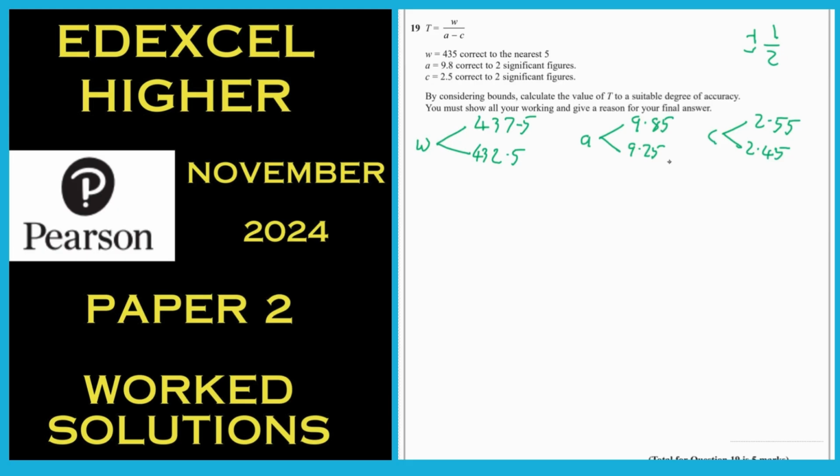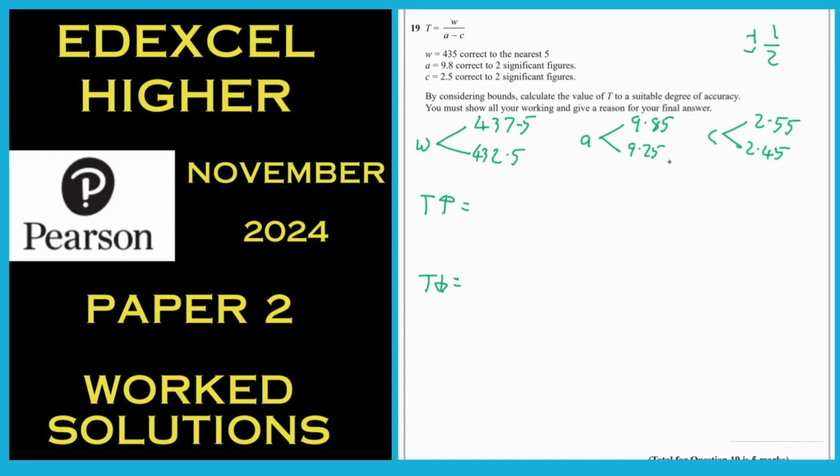It's one of them where it doesn't ask you for the upper bound or the lower bound. It's really asking for both by considering bounds. That means we want the upper bound of t as well as the lower bound. This is where your logic comes into play.